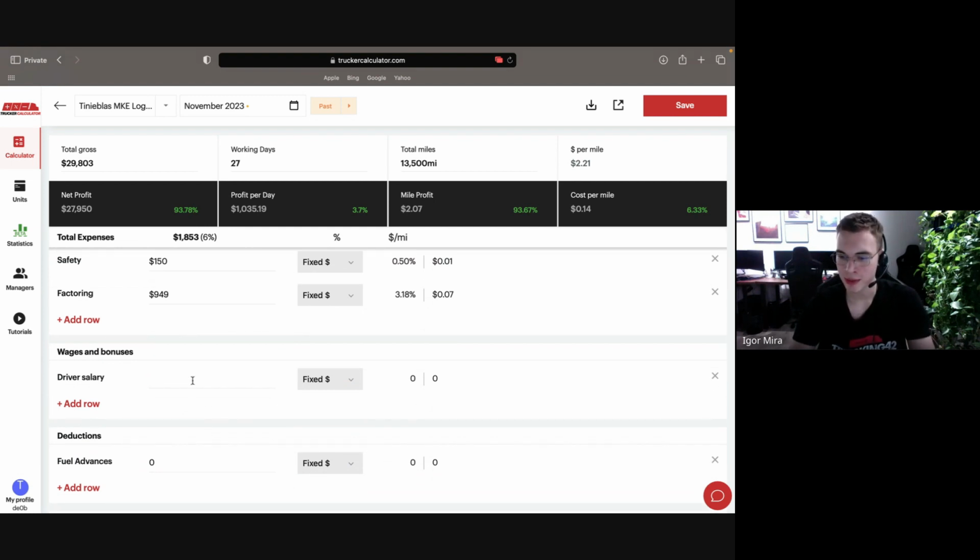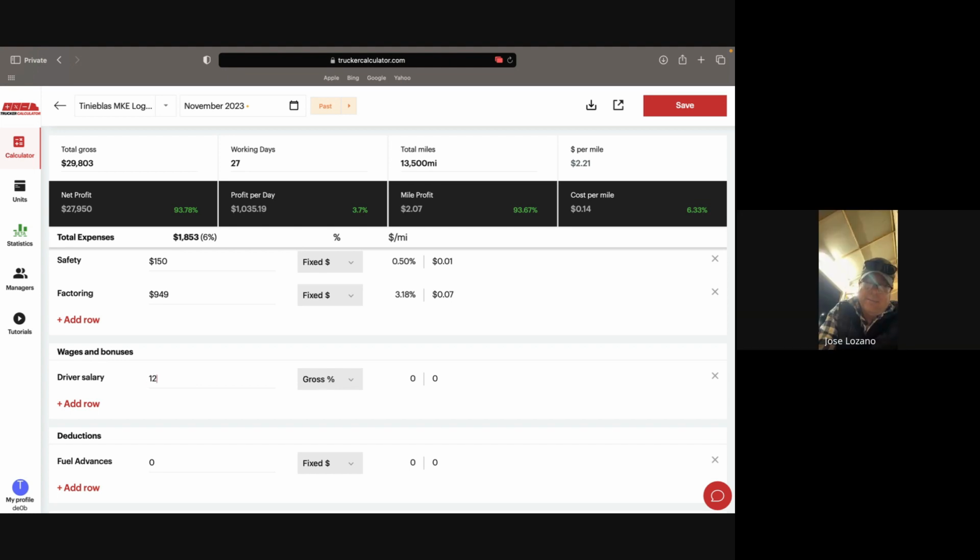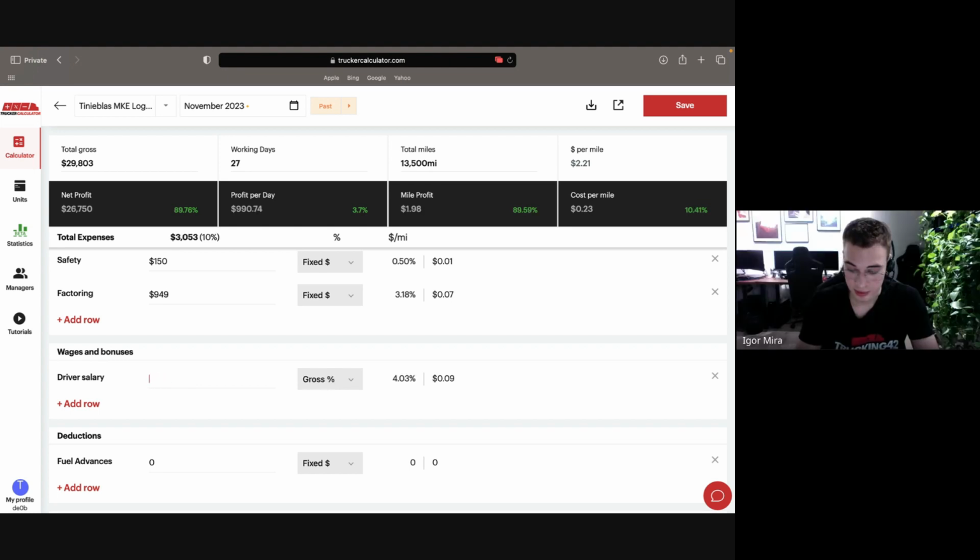So are you having a salary? I mean, you are an owner operator, but to my knowledge, Caroline usually recommends to still have that driver salary even if you are an owner operator. Yes, I put $1,200 a week for the family expenses.